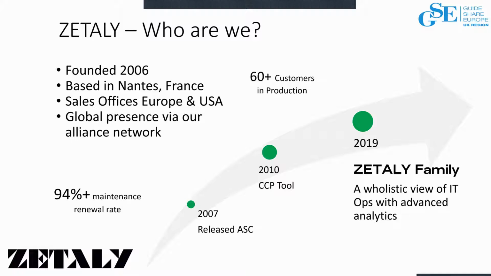We have more than 60 customers, and actually we have 4 different solutions, all of them under one umbrella. This year the former management company decided to change its name.